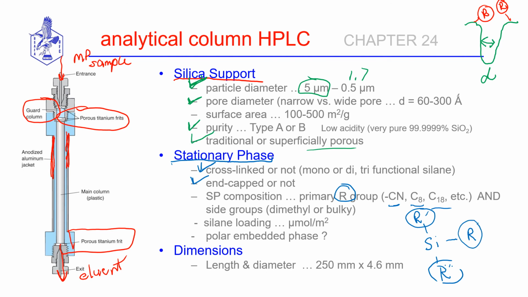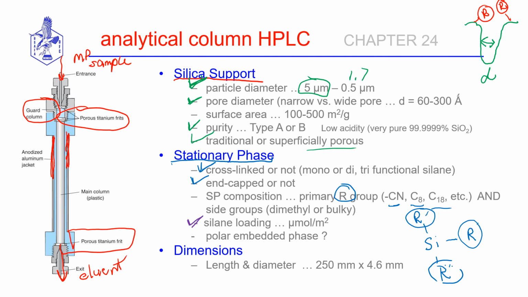And then we have to be cognizant of the quantity of the stationary phase on the surface. So the loading is measured in micromoles of the stationary phase per square meter of the silica. And then a last option we have is choosing a material that has a polar embedded phase to protect the stationary phase material. We'll talk about all of these parameters in a minute.